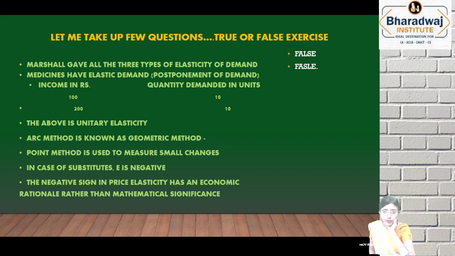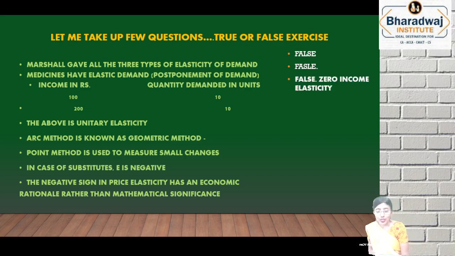So it will have equal change. False. Ah, this is false, somebody is saying. Okay. Nitish. See, Mudit, here it will not be 10, it should be 20. Yes or no? If it is unitary. Yes. So that is what we are trying to say.